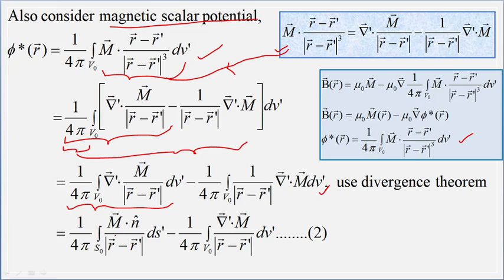The volume integral of the divergence of a function is the surface integral of the function. Del dot means divergence, and it becomes a surface integral of the function. So the function is M divided by modulus of R minus R dash, and since the surface integral is dS dash, we get this equation 2. The second part we are not touching; we are leaving it as it is.